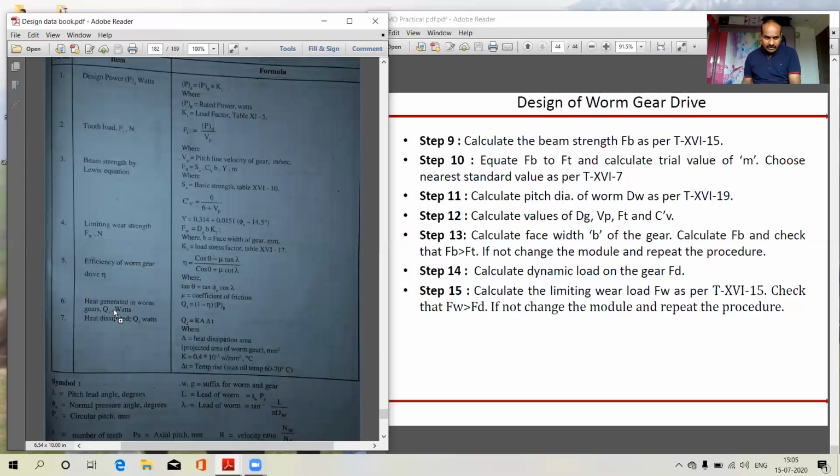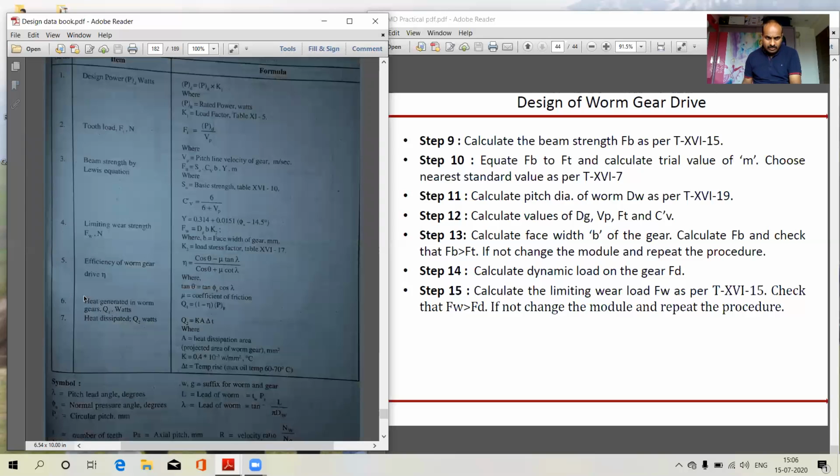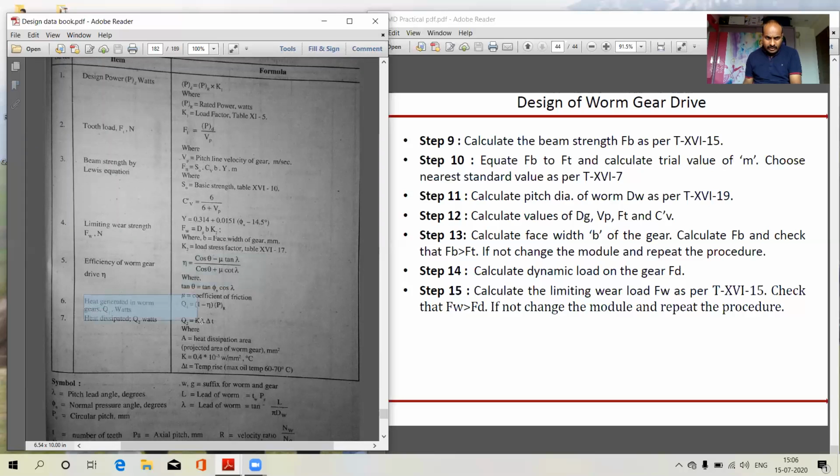On serial number 6, you can find Q, that is heat generated. How is it calculated? Q equals 1 minus efficiency. The efficiency you got in the previous equation, you have to take here and calculate the Q, that is heat generated.